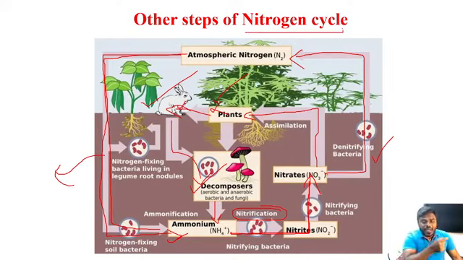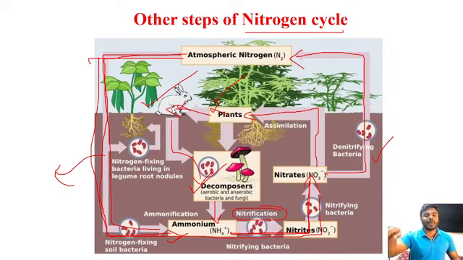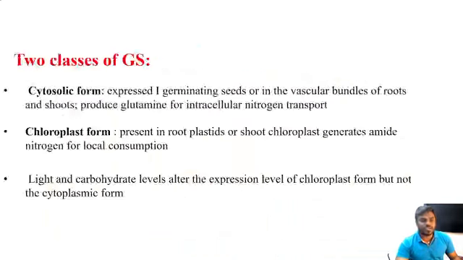The cyclic movement of nitrogen from one trophic level to another trophic level through the group of organisms, we call it the nitrogen cycle.